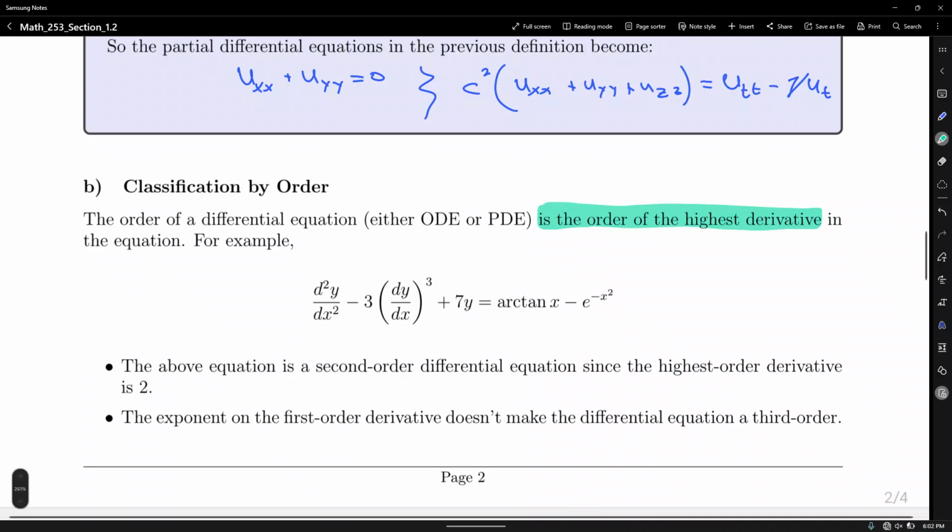d squared y over dr squared, so that'll be the second derivative. Yes. Be careful, guys, and don't be fooled by these exponents. dy dx to the third power is not equal to the third derivative.